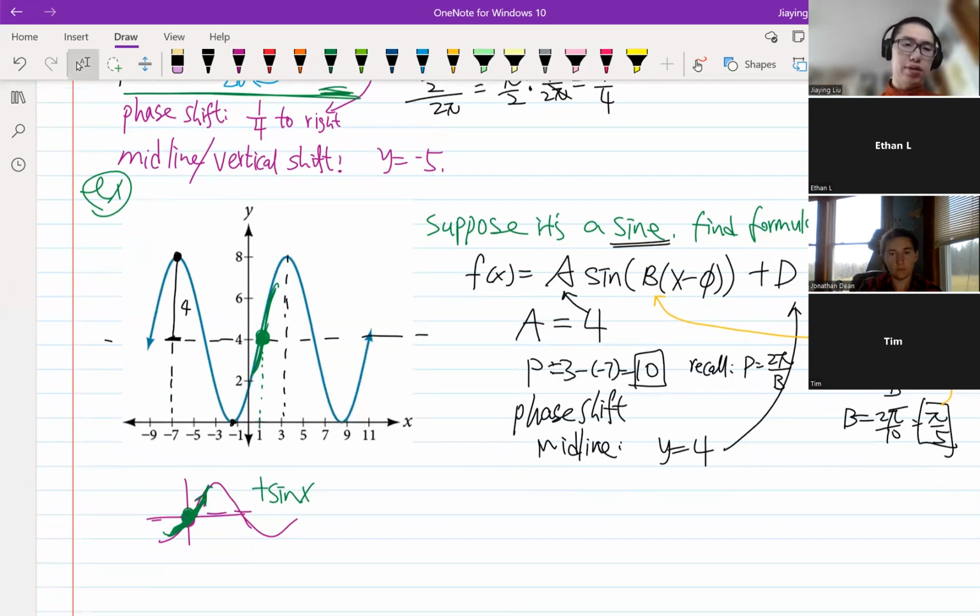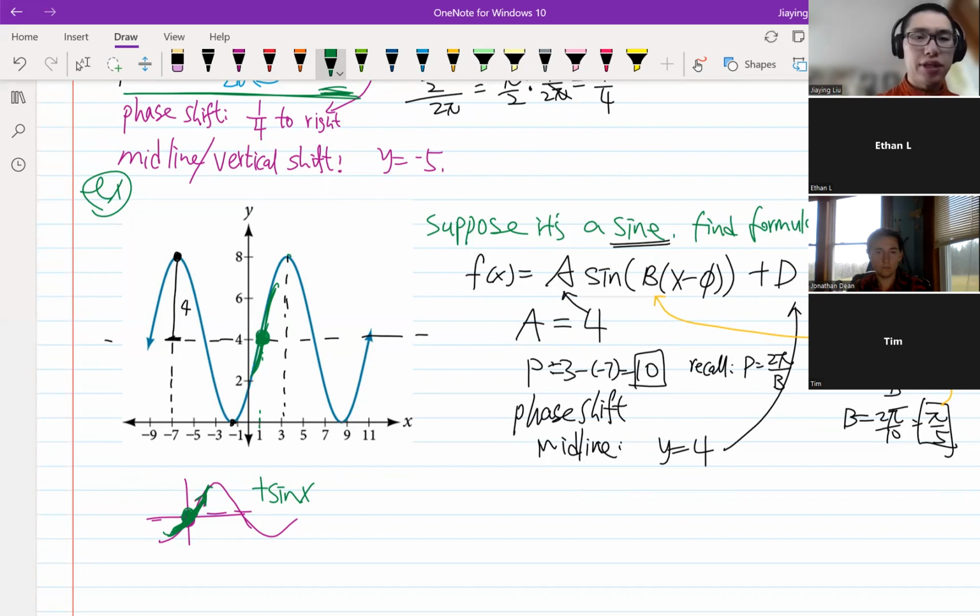Is it 1? Or is it more than 1? I'm debating because it doesn't look like 1. Because if everything is correct, let's see, we say the period is 10.